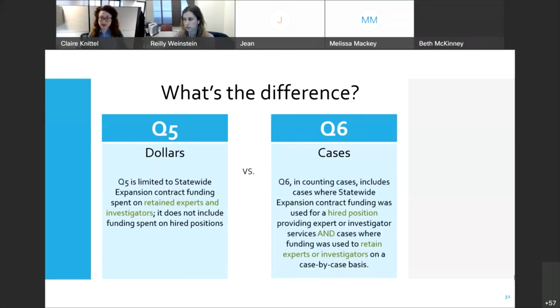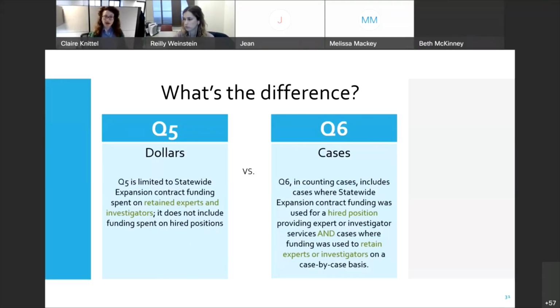Question 6, on the other hand, in counting cases, includes cases where statewide expansion contract funding was used for a hired position, whether an expert or investigator, and also cases where funding was used to retain experts or investigators on a case-by-case basis. And so that's what I meant when I said before, any expert, any investigator.